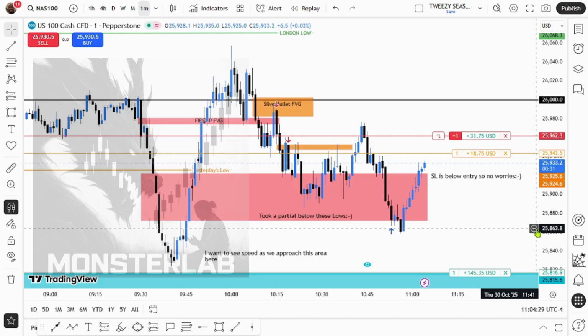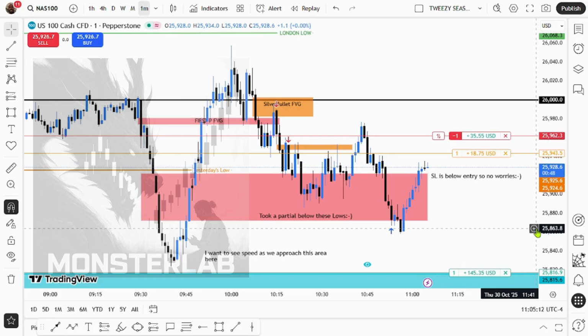As you can see, price is coming back to my entry. I have my stop loss below my entry. I'm okay if it takes me out. I'm comfortable because I took a partial down there.